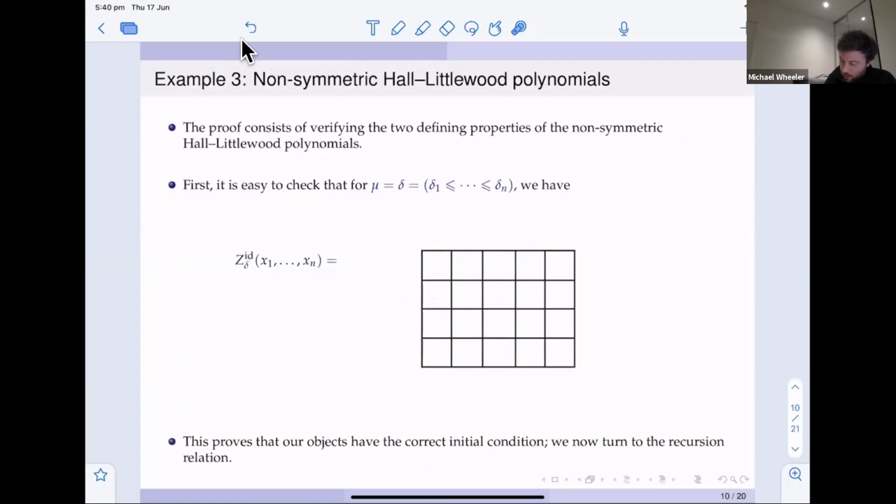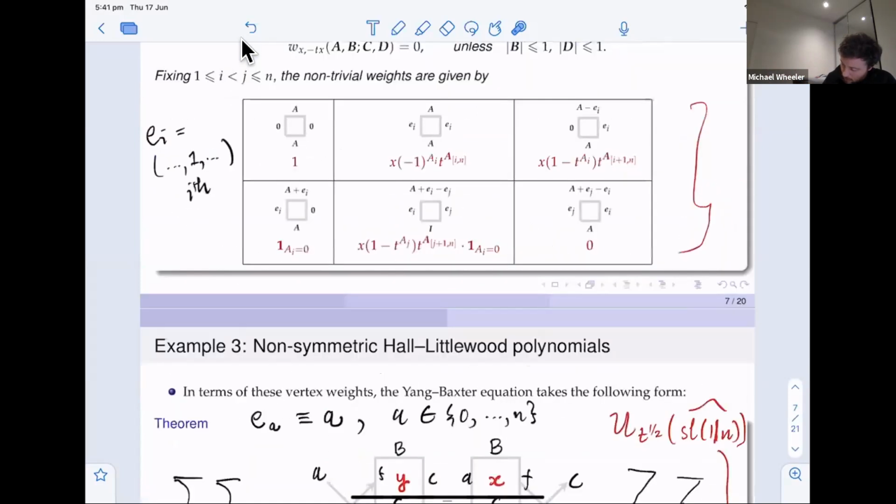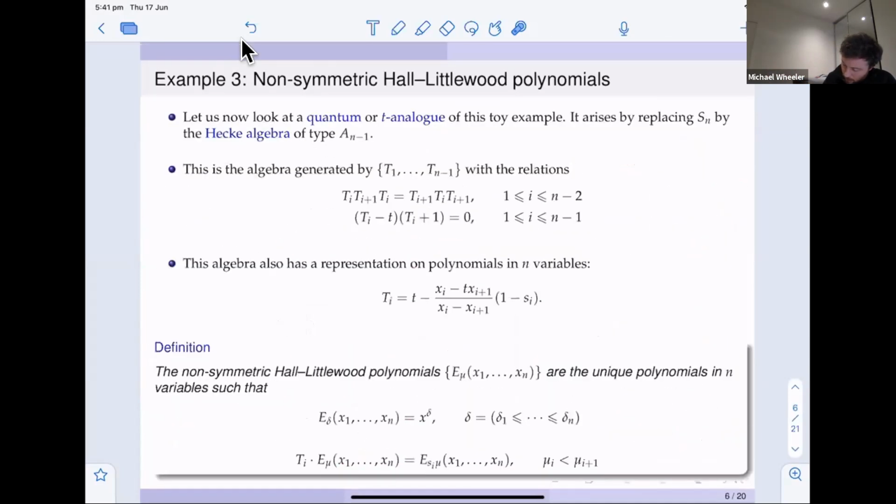In order to do the proof, we have to show that the partition function satisfies the two defining properties of the object. The family, just to remind you, is uniquely determined by these two properties. There is an initial condition: we want to show that we just get the monomial x to the delta in the case where the composition is antidominant.